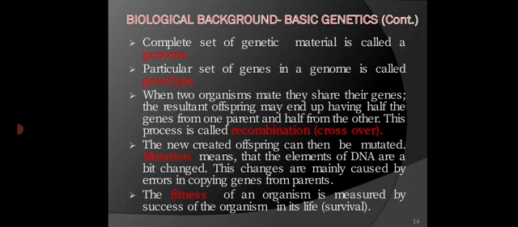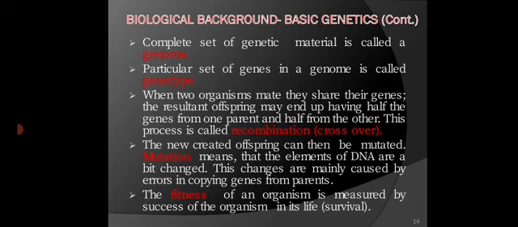When two organisms meet, they share their genes. The resultant offspring may end up having half the genes from one parent and half from the other, and this process is known as crossover. So the DNA exchange process is known as crossover in simple words, right?